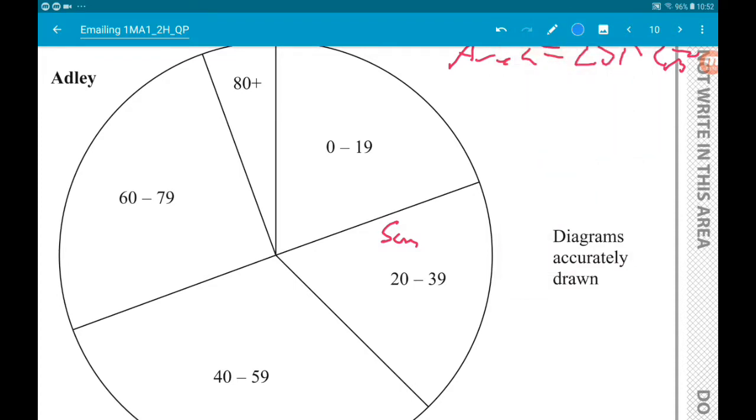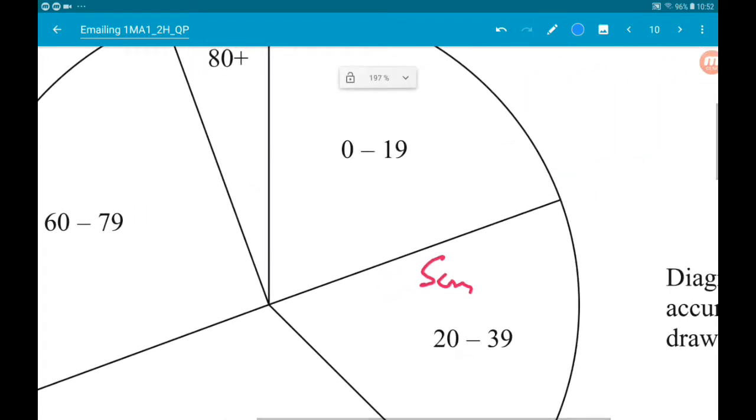So if you go old school and get your protractor out, we need that angle there, and we will get 70 degrees. Now, angles around a point add to 360, so that as a fraction is 70 out of 360.